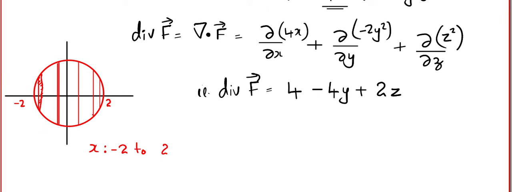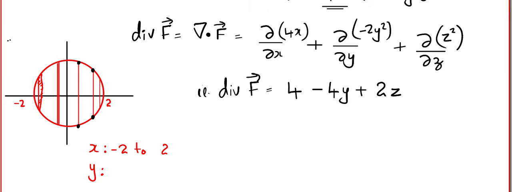Now we have to find the height of the slider. The slider touches the circle from the negative part of the y-axis, below the x-axis, to the positive part of the y-axis, above the x-axis.